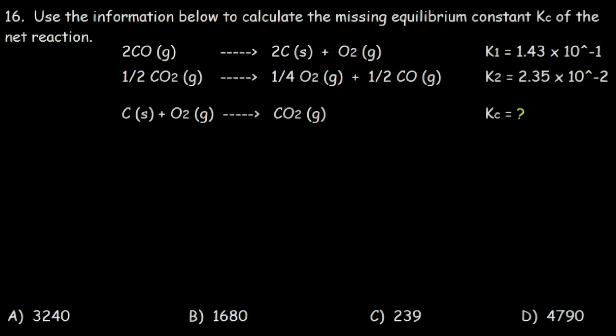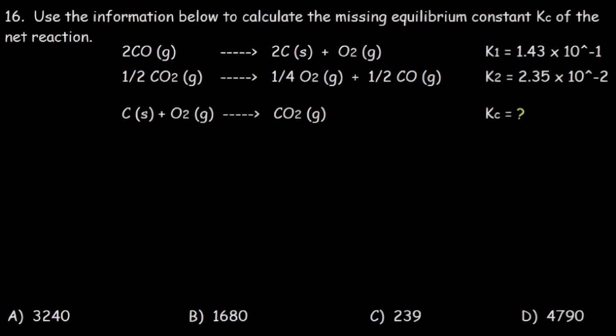16. Use the following information below to calculate the missing equilibrium constant of the net reaction. So we have to solve this problem as if we're doing the Hess law problem, but with equilibrium constants instead.